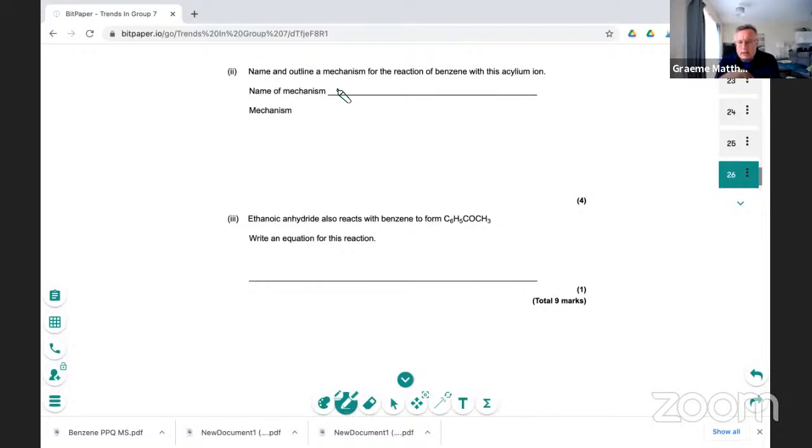All right, so name of mechanism, obviously, this is electrophilic substitution. And by now you're thinking, right, benzene like this, ring, and then here is my acylium ion like this.